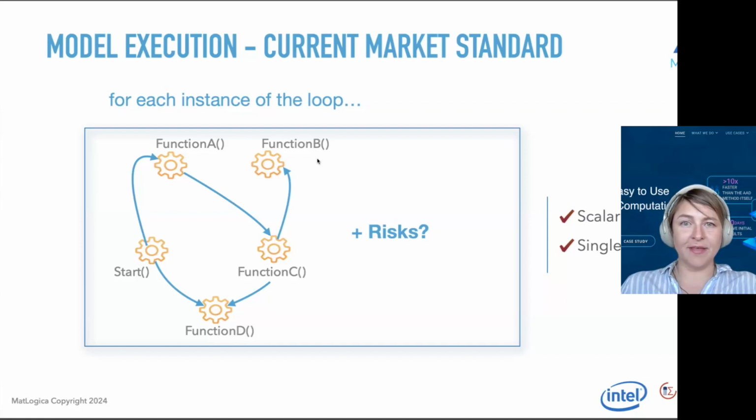And if you have 10,000 Monte Carlo loops, it will be slow. And if you need to compute risks, whether using bump and revalue, that means multiplying your execution by the number of risks that you have to compute, or using frameworks like JAX or PyTorch, it will be slow because these are not designed for mathematical finance and handling large computational graphs. And your code is likely to be scalar and single-threaded.